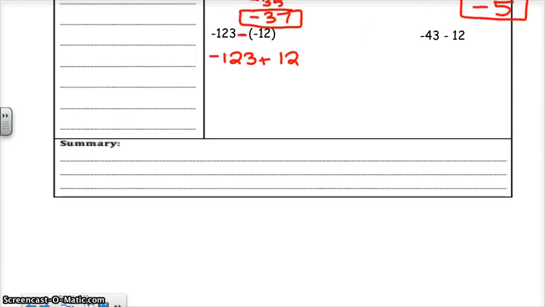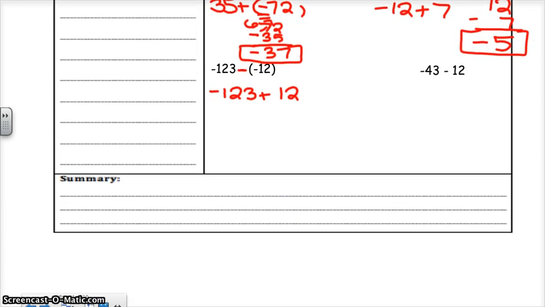So I'm going to go 123, take away 12, and that's 111. And then I ask myself, is it positive or negative? It's going to be negative because the negative 123 is further from 0. That's my final answer.